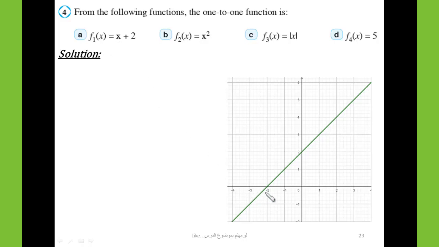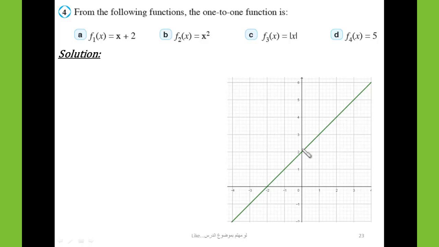So the point (-2, 0) lies on the curve of this function f1. Take x equals 0, substitute x equals 0, so 0 plus 2 equals 2. So (0, 2) is a point that lies on this straight line.